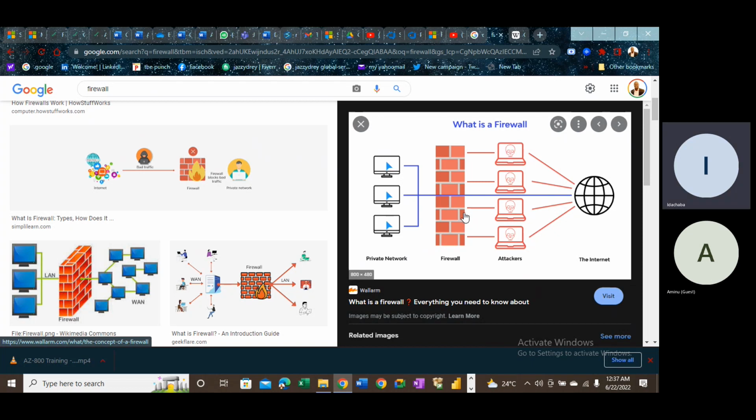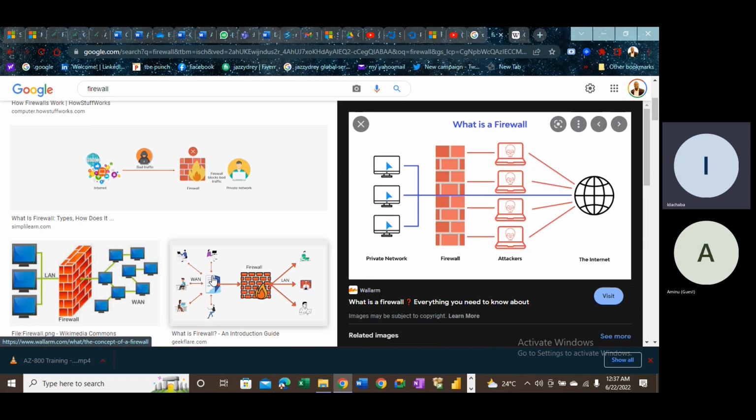This is how your firewall looks, just as a representation. Now, see attackers. You'll soon be attacking some websites. So what is blocking them? Firewall. Even if the attacker comes from all over the internet, the firewall will block them.